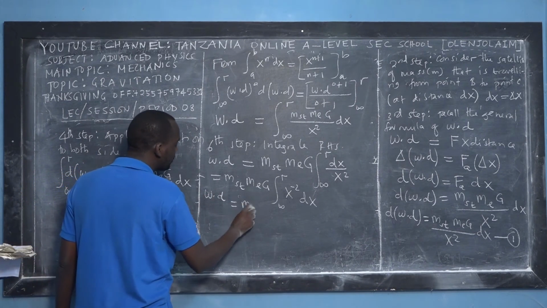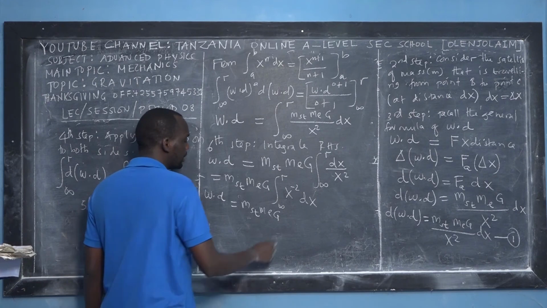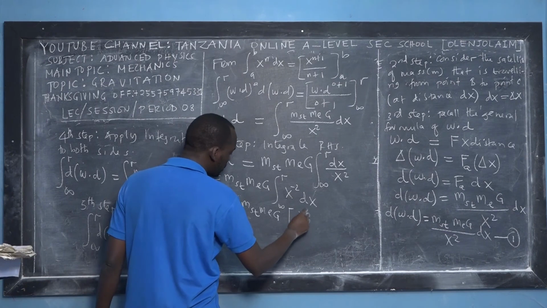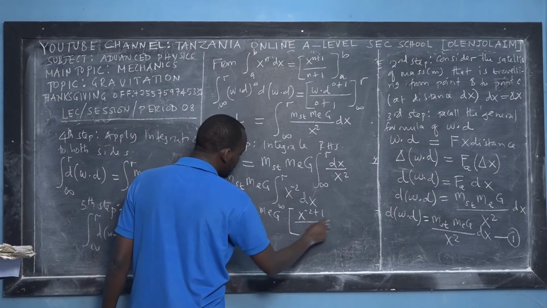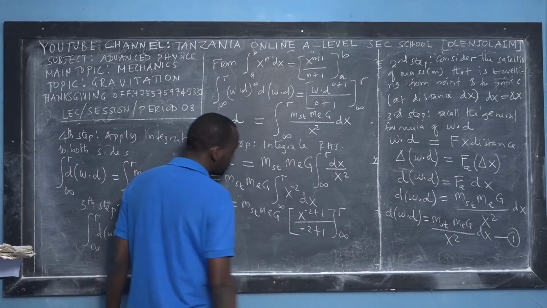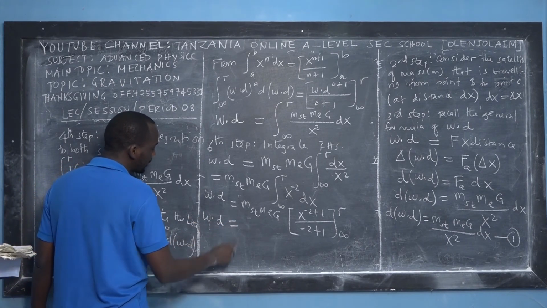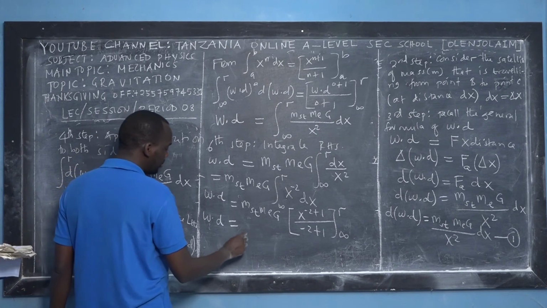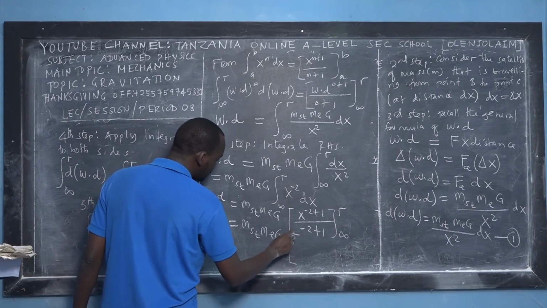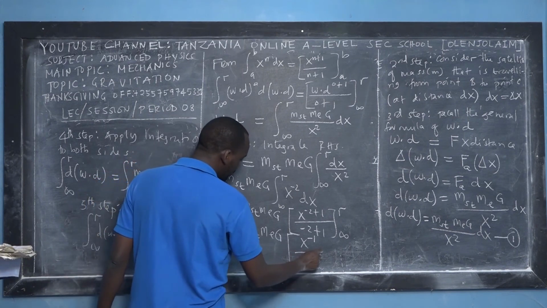Work done is equal to mass of the satellite, mass of the S, universal gravitational constant, and hence from the power that I have shown you here, our n is negative 2, so it will be x power negative 2 plus 1, from infinity to r. Then what happens? The work done required to remove the satellite will be mass of the satellite, mass of the S, universal gravitational constant, then x power negative 1 over negative 1.